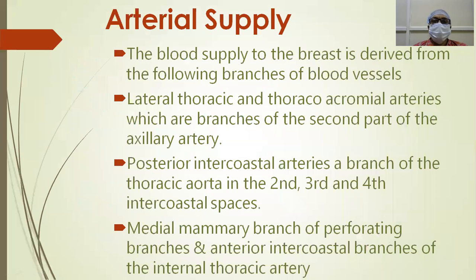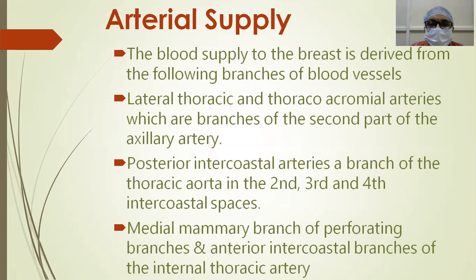So we'll go through the arterial supply of the breast. The blood supply to the breast is derived mainly from the lateral thoracic and thoracoacromial arteries, which are branches of the second part of the axillary artery.